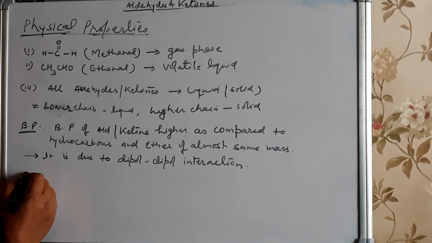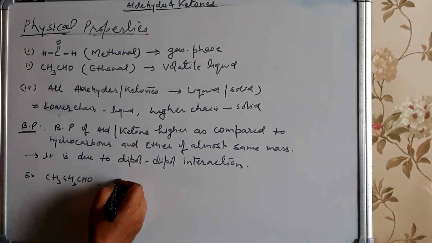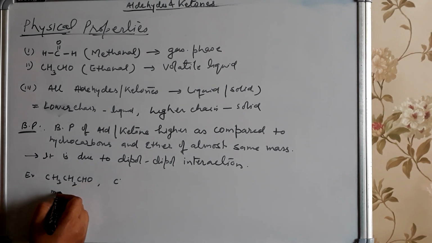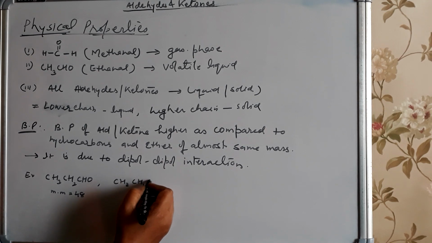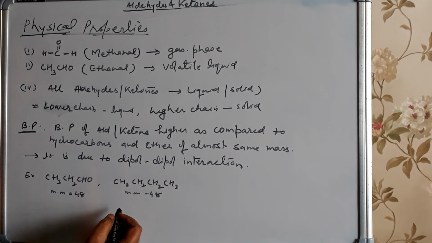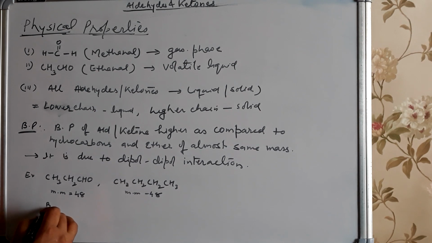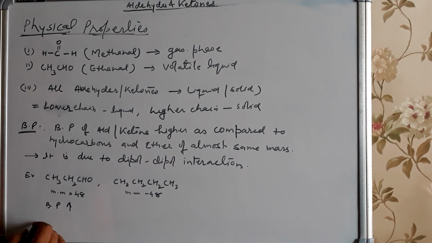For example, propanal, molar mass 58, and a hydrocarbon of the same molar mass. The boiling point of the aldehyde or ketone will be high in comparison to this, because see here, C2H5 CHO and another molecule C2H5 CHO.